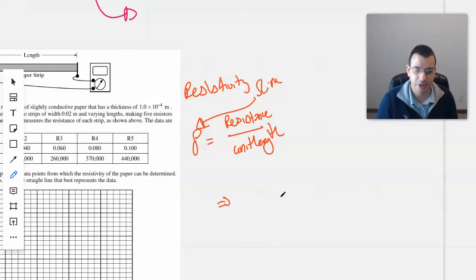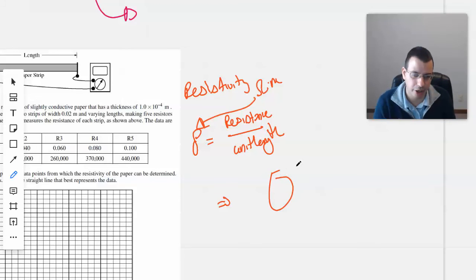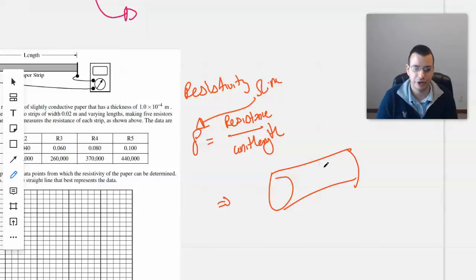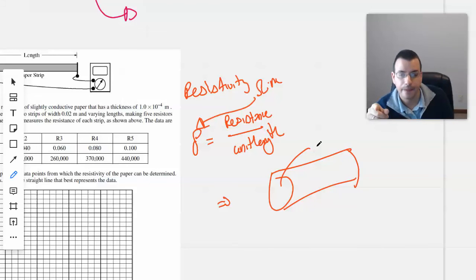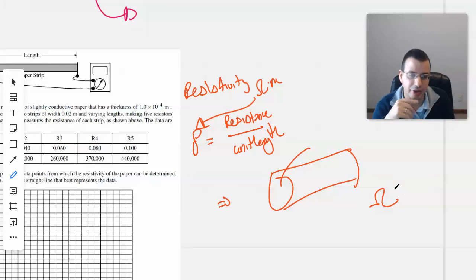To think of this conceptually, you have your big piece of copper wire. What you're going to do is find the resistance of the whole piece times the cross section divided by the length.